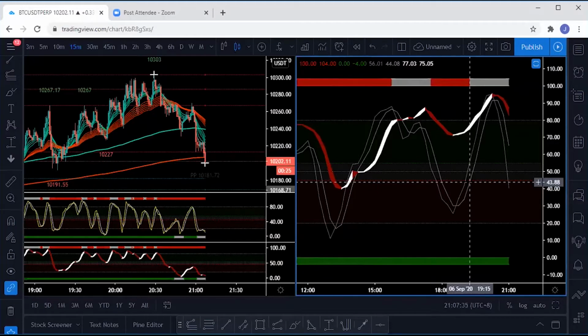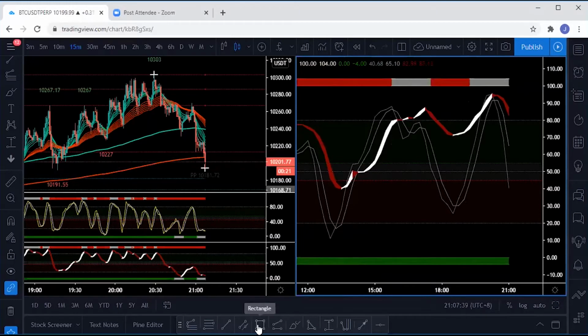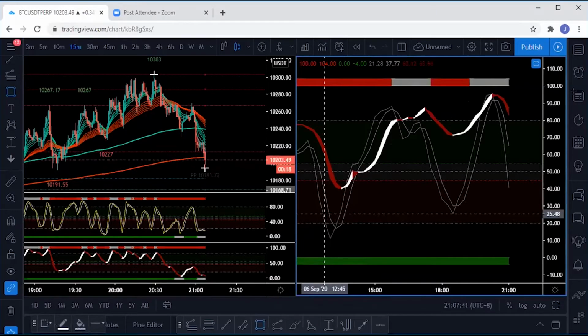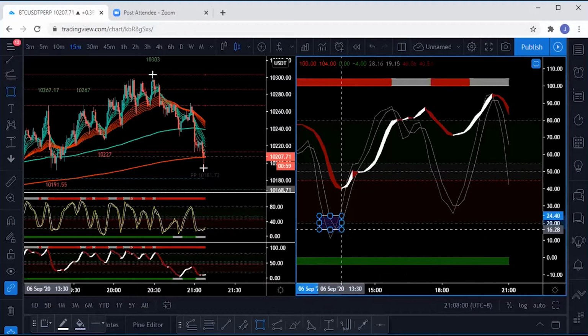The third criteria is to look for the RSI signal crossover in our overbought and oversold area. That is supposed to be our entry zone, and then you need to spot a cross.